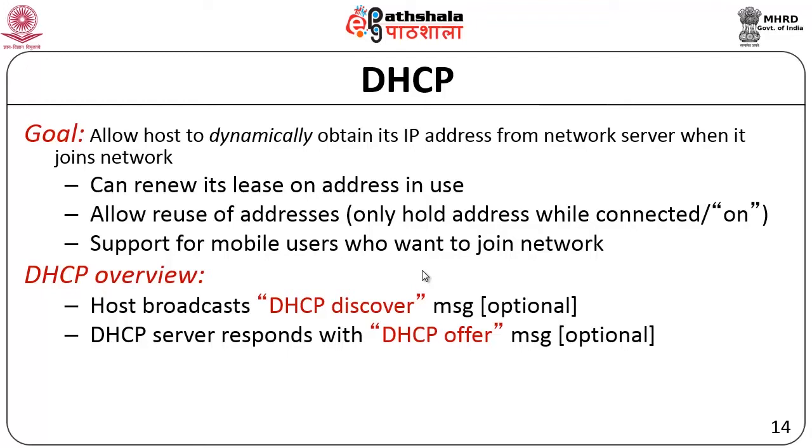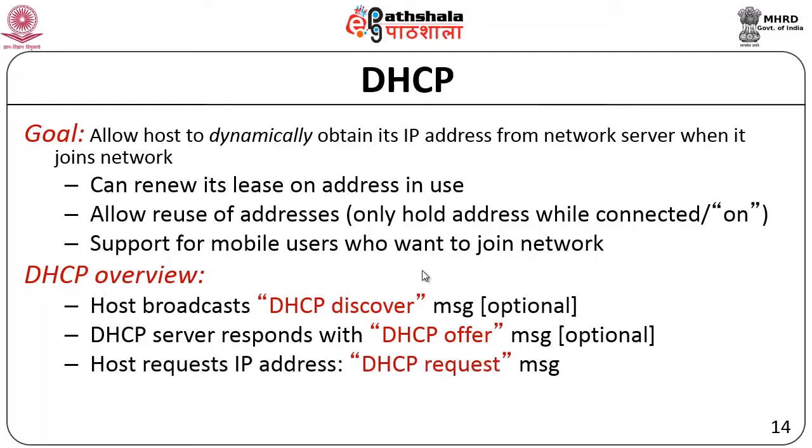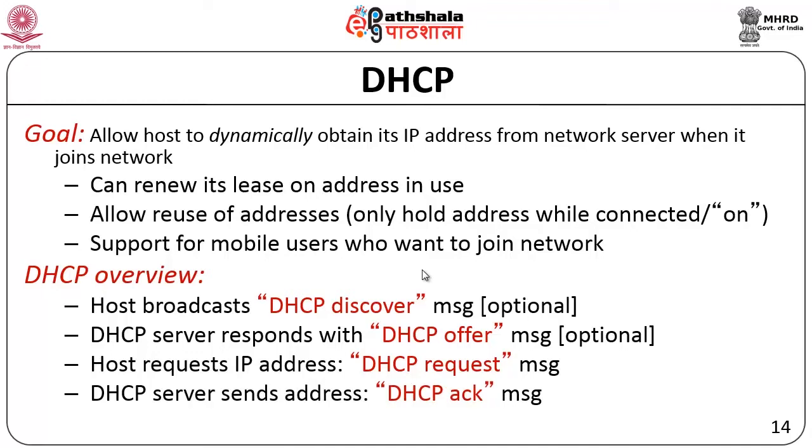On receiving the offer, the host will send a request for an IP address by means of a DHCP request message. This is the actual request message. Then the DHCP server to which the request has been sent sends back an acknowledgement message. Once the acknowledgement is received, that device has been assigned that IP address, so it can start using it. So this is the overall picture.